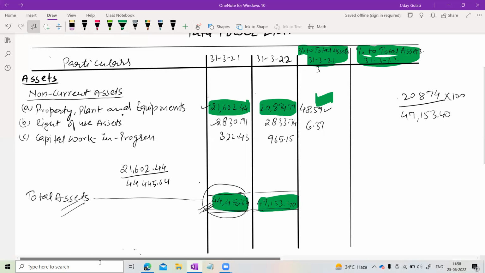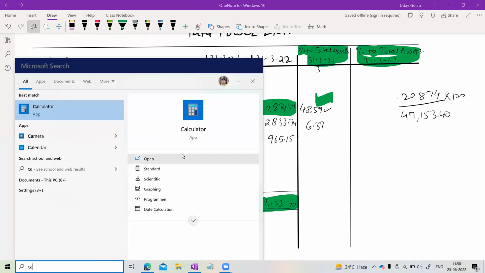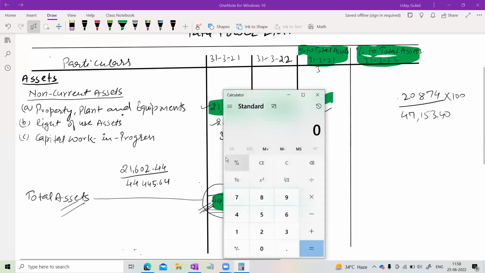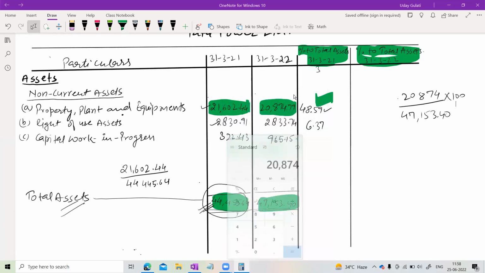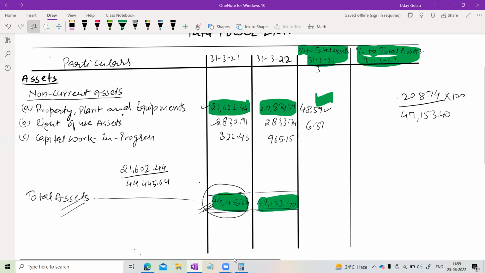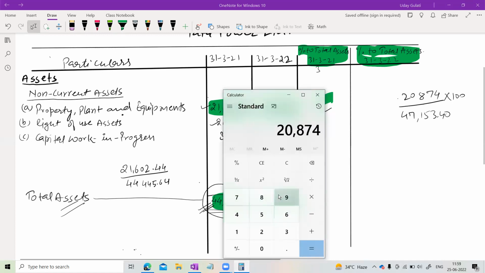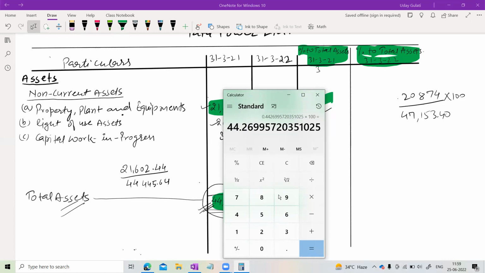Now we have calculated this: 20874.79 divided by 47,153.40, and then multiply this by 100, you'll have the answer, that is 44.27.